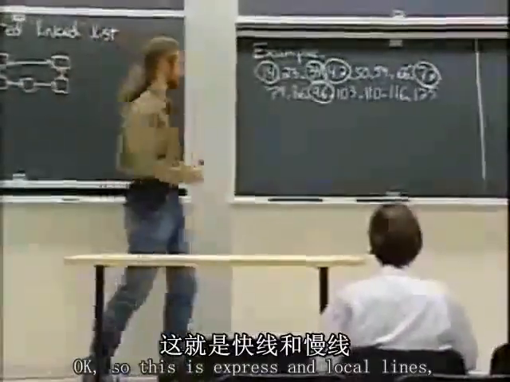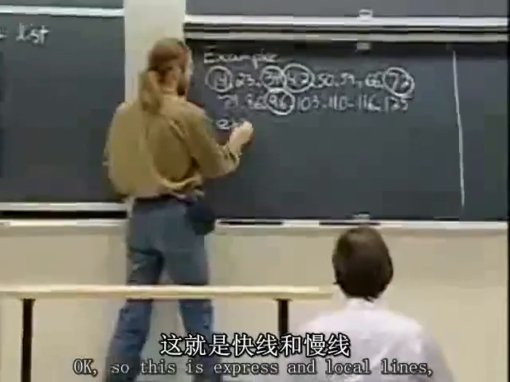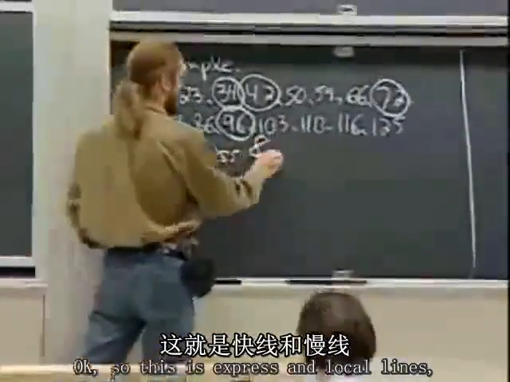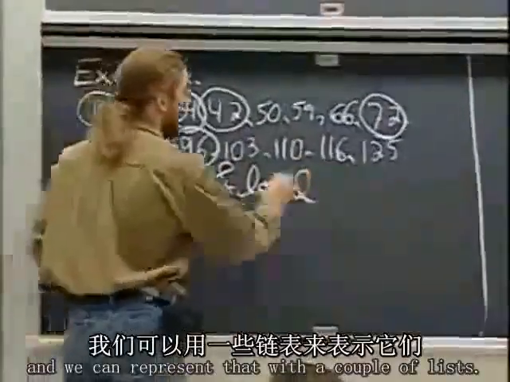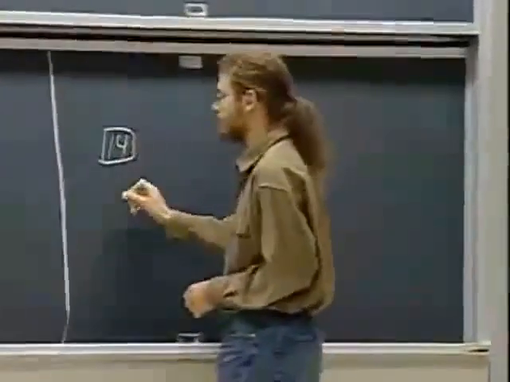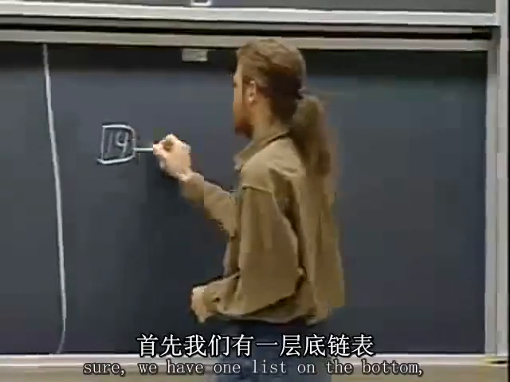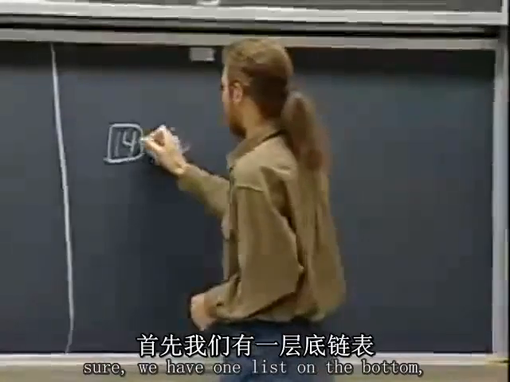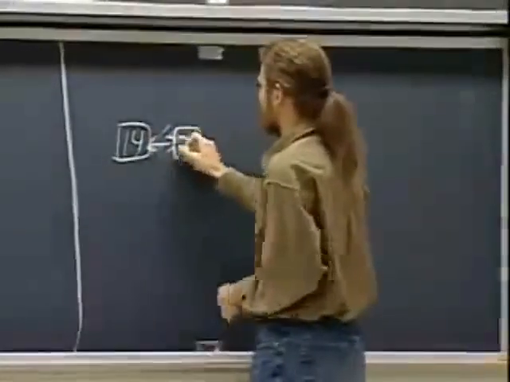Okay, so this is express and local lines, and we can represent that with a couple of lists. We have one list on the bottom, so leave some space up here.